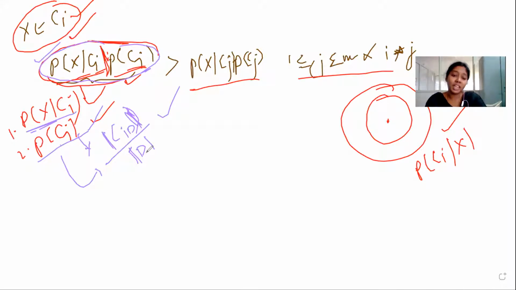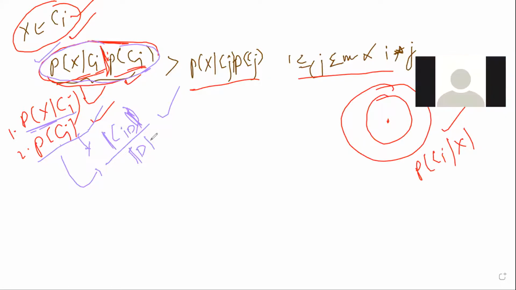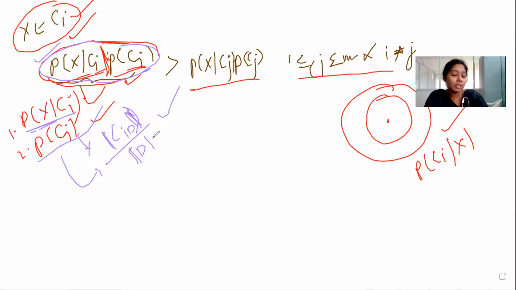Then what is mod Ci,D? Just guess. We have done it many number of times. Number of tuples in class Ci. Yes, very good. So mod D is the total number of tuples in the data set, where mod Ci,D is the total number of tuples in the data set having the class Ci only.